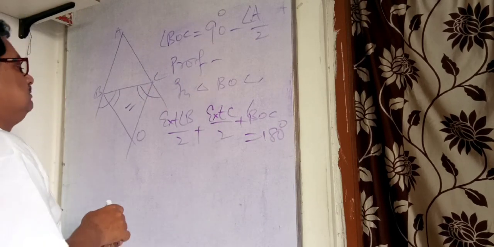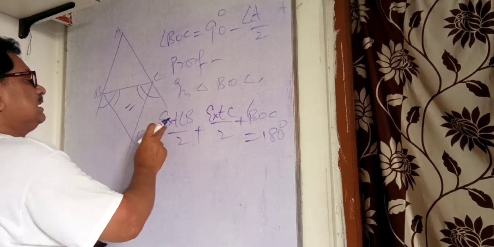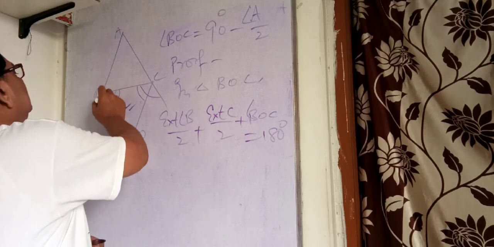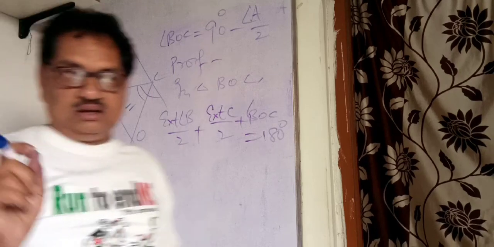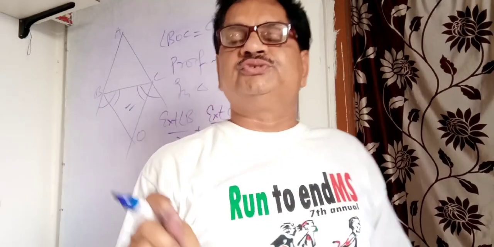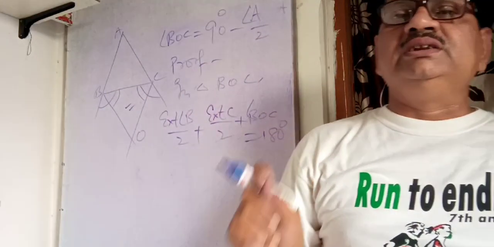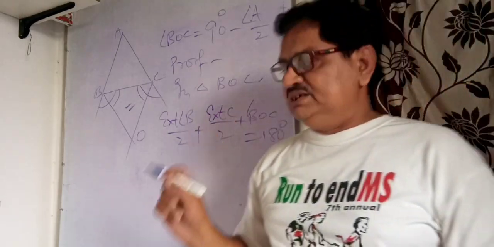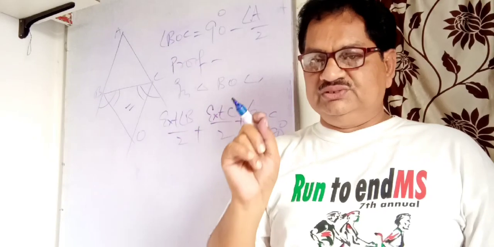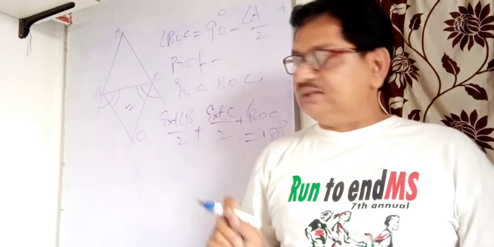And now what we will do, we will replace exterior angle B by A plus C, because we know that when a side of a triangle is produced, the exterior angle so formed is equal to the sum of the interior opposite angles.